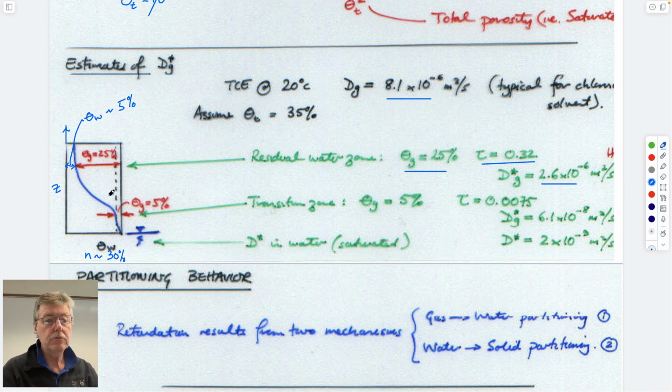If you reduce the gas content as you go deeper down to 5% instead of 25%, it comes out to be a smaller number, less cross-sectional area for it to flow through. You'd kind of expect that.